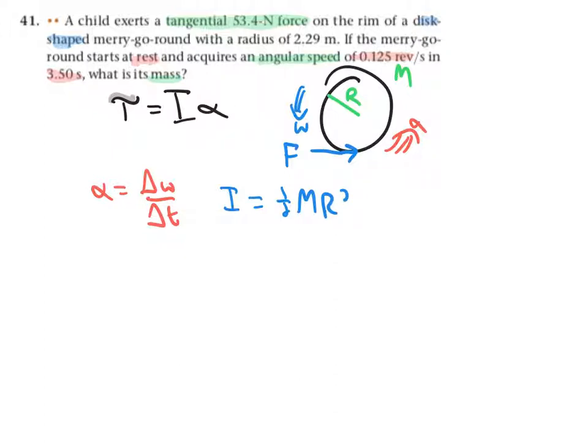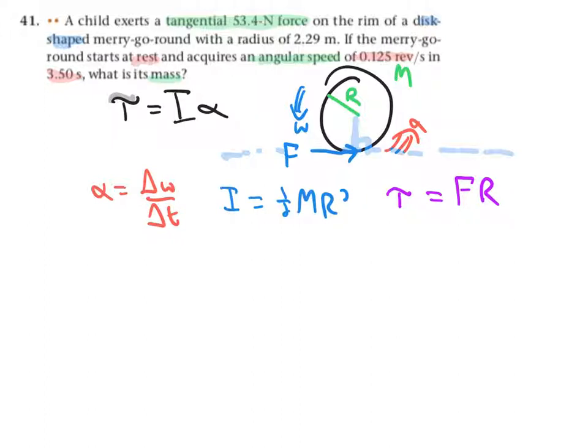And then next, we know that the torque produced by a force is going to be the force times the distance. In this case, the line of action of the force produces this as the vertical distance, which is just the radius of the disk.